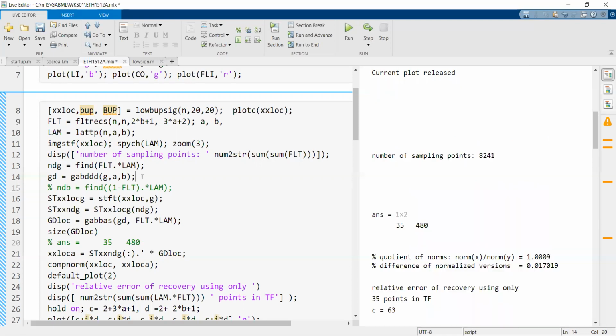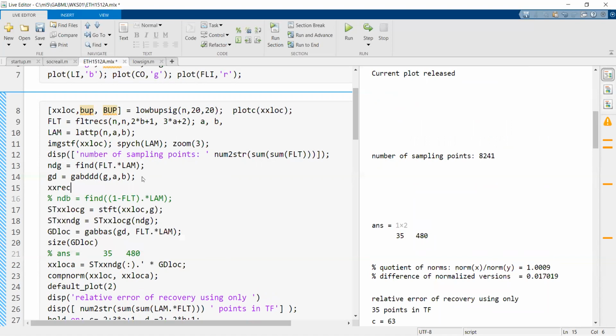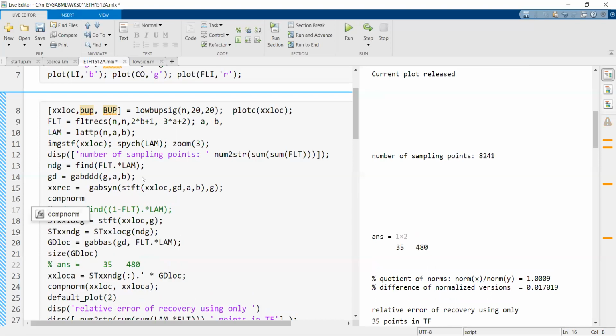So maybe I should also say that XX reconstruct is Gabor synthesis of the STFT with the dual window, of the signal that we want to expand, using the dual window and A and B. Of course, I want to convince you that I can reconstruct not only from the continuous short-time Fourier transform, but from the sampled short-time Fourier transform. But here we would use all these 720 signals or so.